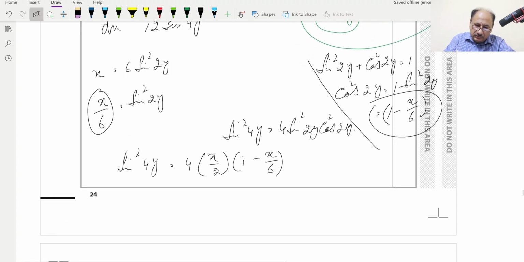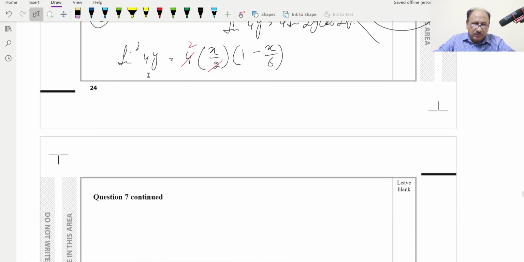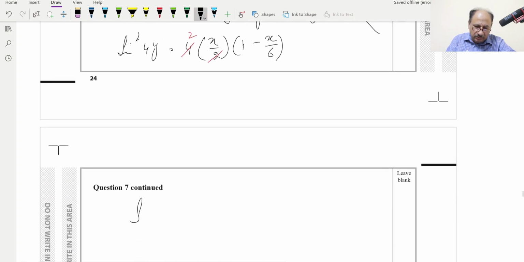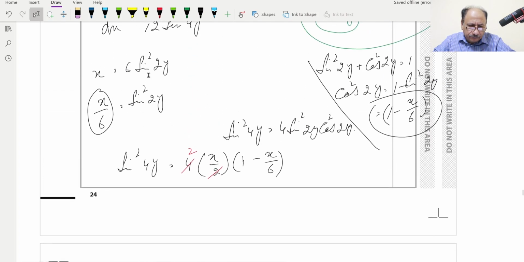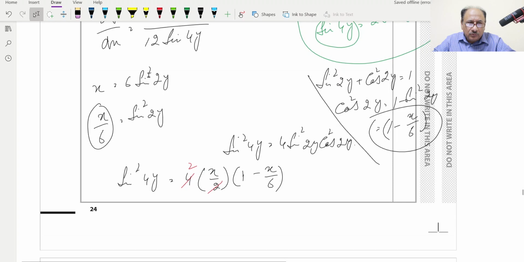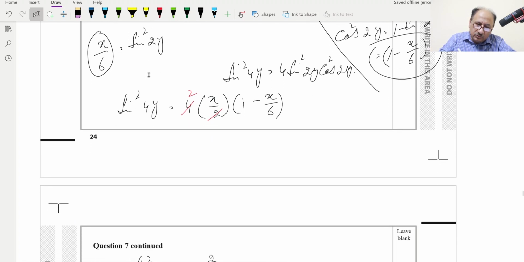We can cancel this 2 with this and we'll get 2 here, and the remaining step we can write over here: sine square 4y is equal to 2 over 3. Basically this is not x by 2, this should be x by 6.